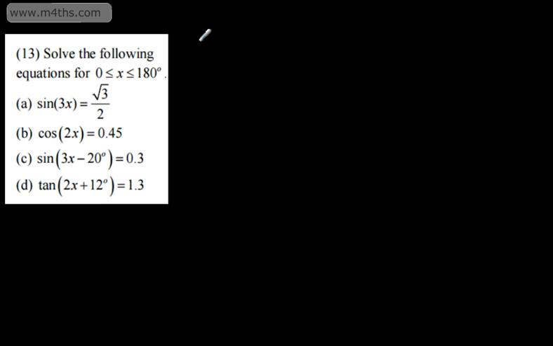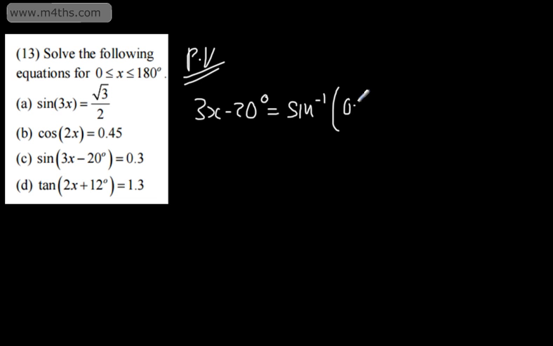Right, next one. What we're going to do is write principal value. So this is about as tough as this particular unit gets. The only thing that could make this nasty is if you had a negative value and it was in radians. So what we're going to say then is 3x minus 20 degrees is equal to the inverse sine now of 0.3. We're solving from 0 to 180.